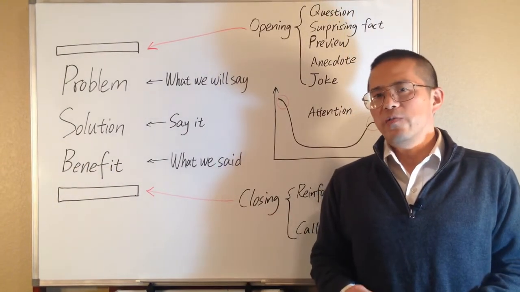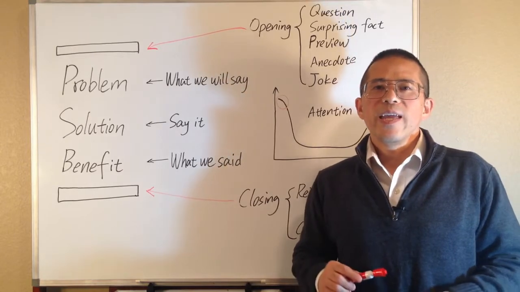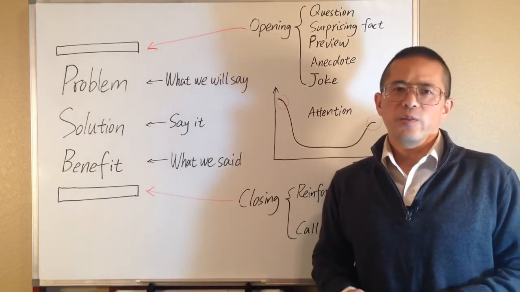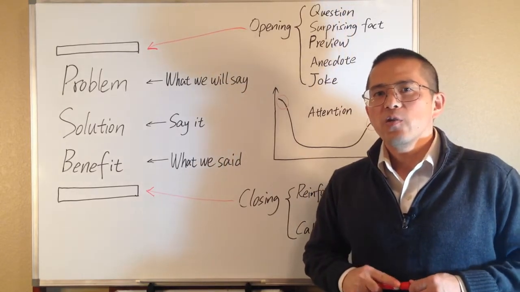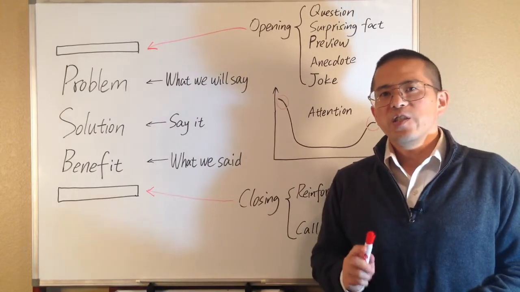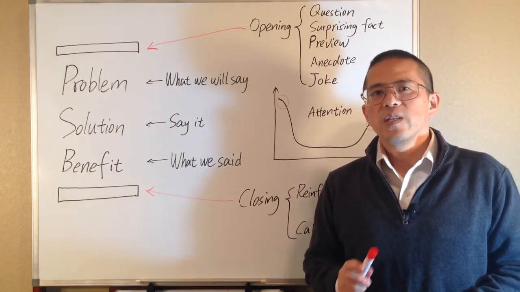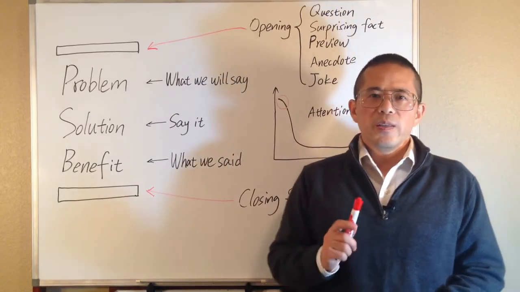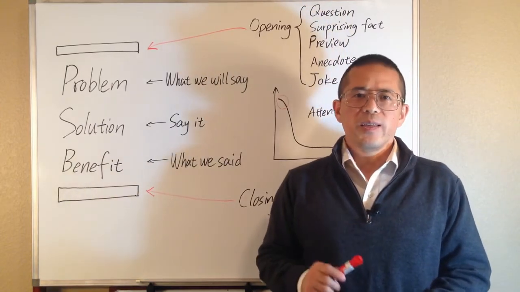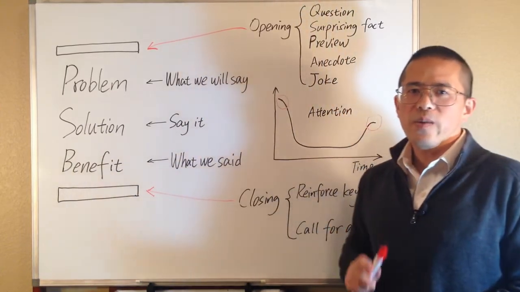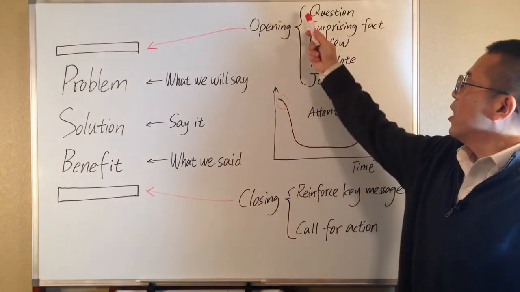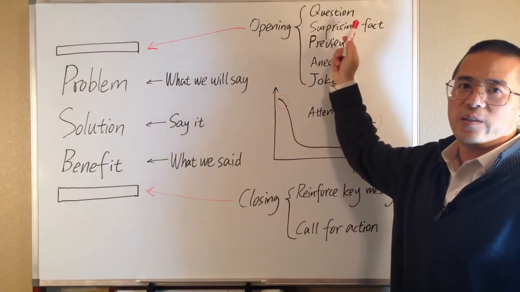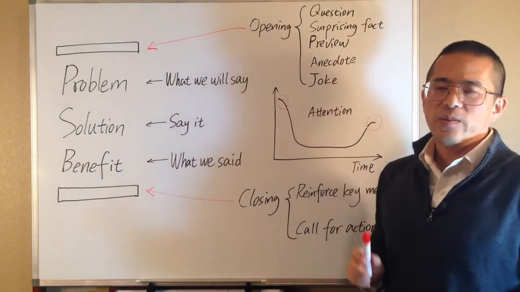The purpose of the opening is to catch our audience's attention, stimulate their curiosity, and essentially make them want to listen to us. There are 5 basic methods that may be used. The first method is to ask a question that matters to our audience.